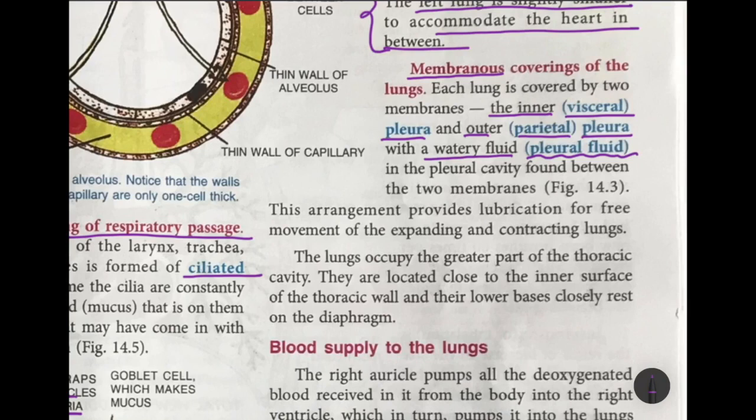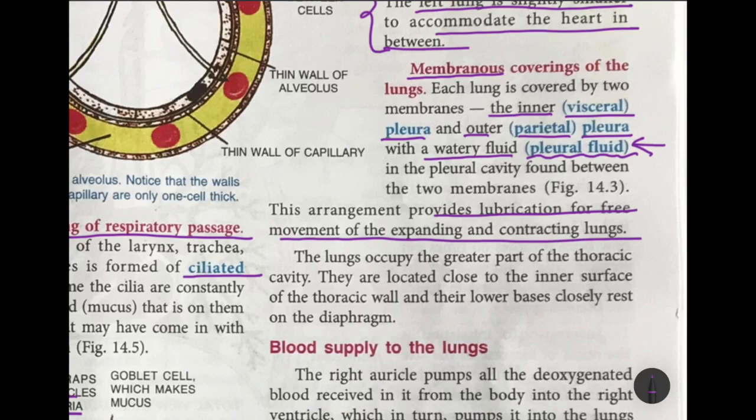The fluid is always present so that it lubricates. The lungs are in constant movement when we breathe in and breathe out, so they must be lubricated so that there is no friction and no wear and tear of the lungs. So it provides lubrication for free movement of the expanding and contracting lungs.